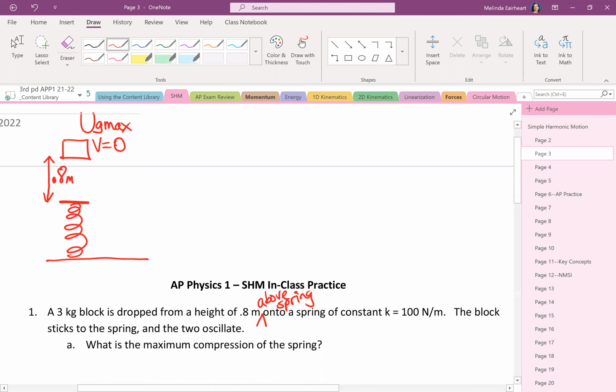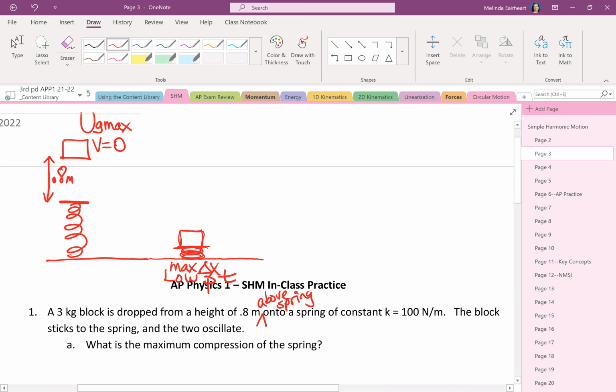And then sometime in the future, and I'm going to leave a little space, okay? Leave a little space. But sometime in the future, we're going to have a max compression. This should sound familiar. We did this already, this portion, back in energy. And so if this is a maximum compression, it's the lowest point of the path.